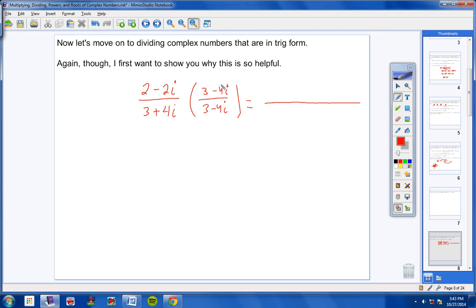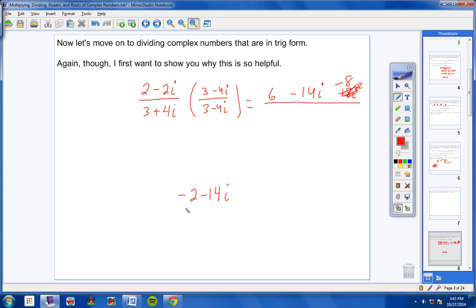It's 2 times all of this, 2i times all of this. You're going to get, let's see, 6. And then you'd have positive 8i squared. And in the middle here, you'd have negative 6, negative 8, so negative 14i. Then you'd have to put a negative 1 in for this, make it a negative 8. So you'd finally end up with negative 2 minus 14i.